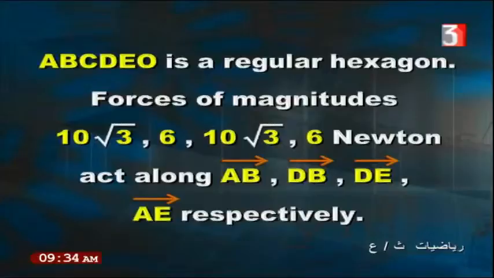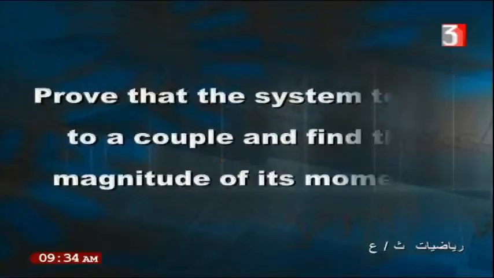Read again. A, B, C, D, E, O is a regular hexagon. Forces of magnitudes 10 root 3, 6, 10 root 3, 6 Newton act along ray AB, ray DB, ray DE, ray AE respectively.